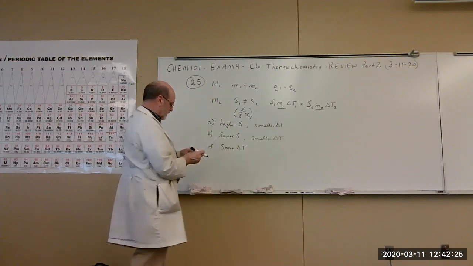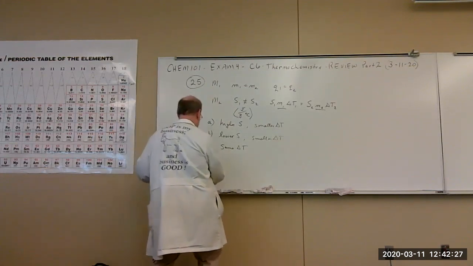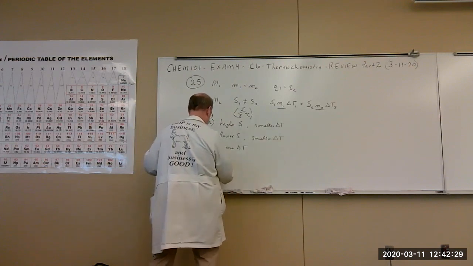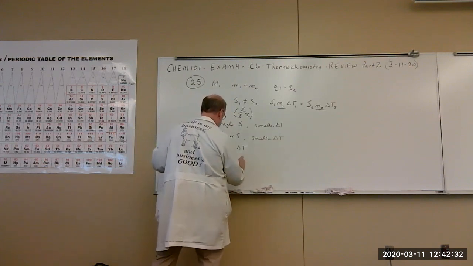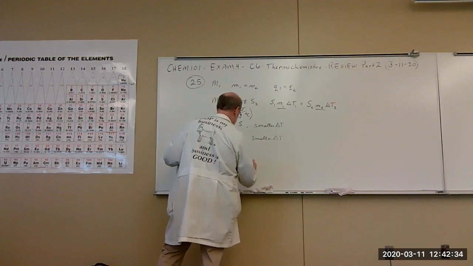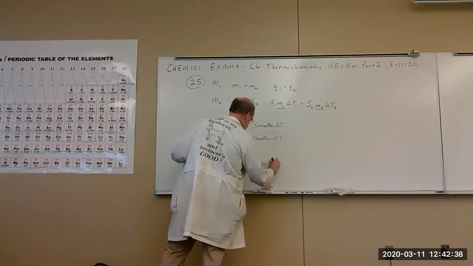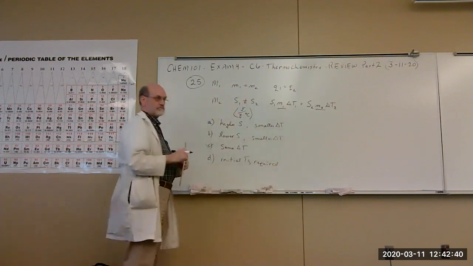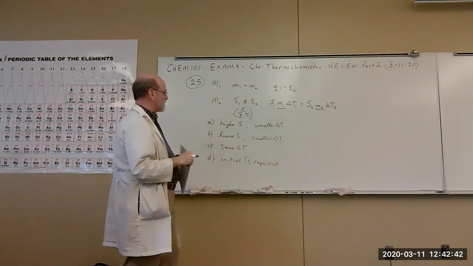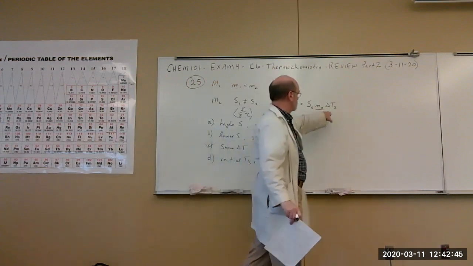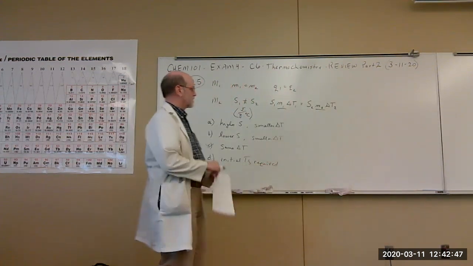How about D? You need to know the initial temperatures of the metal. Initial T's required. Is that true? Or can we say something about the delta T's without knowing their initial temperatures?